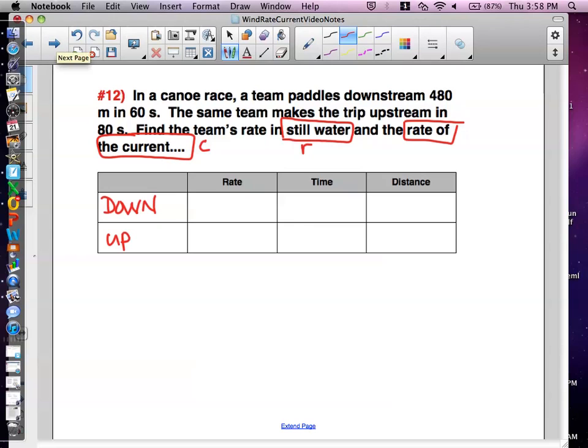Downstream would be associated with faster movement, and upstream would be associated with the slowed pace. Downstream, we could express that as R plus C, and upstream would be R minus C. And they give me the times: the downstream trip is 60 seconds, the upstream trip is 80 seconds, and the distance that I travel is 480 meters.